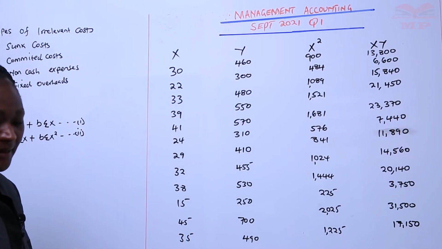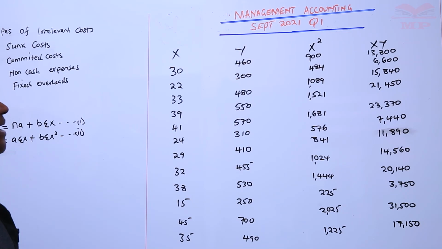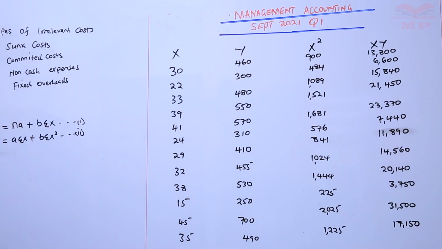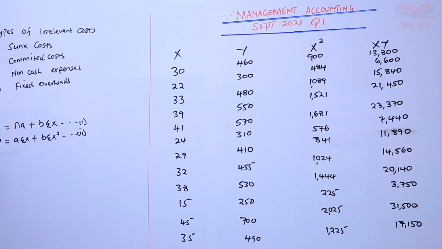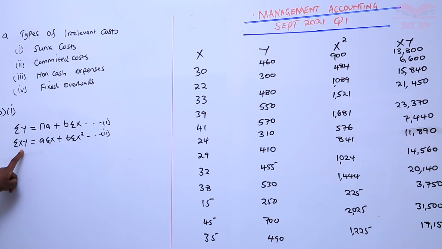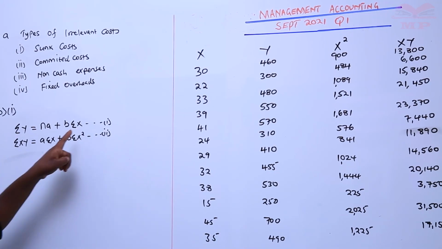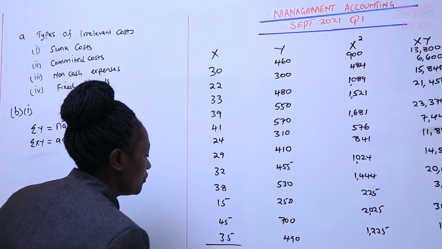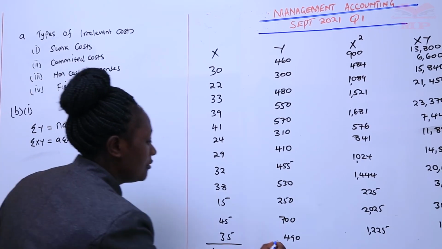So once we have calculated the values of x squared and xy, we use the formula. We are to find the sum of y. We find the sum of xy, sum of x, and sum of x squared. So we are to get the sum of all this.